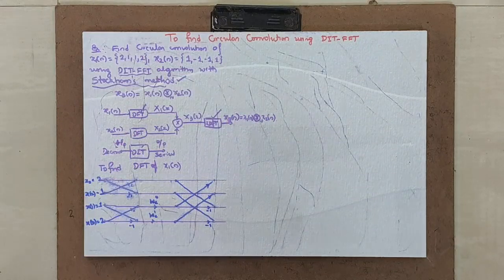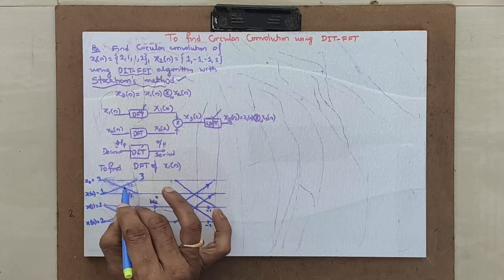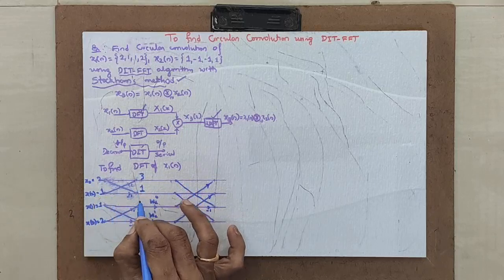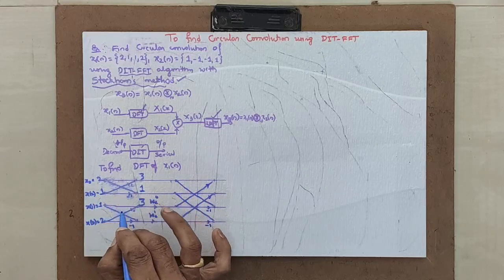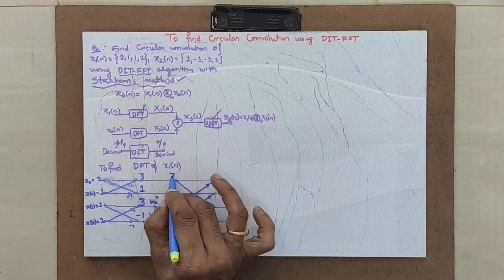Now 2, 1, 1, 2 is your series. Then what do you do? 2 plus 1, 3. 2 minus 1, 1. Then 2 plus 1, 3. 1 minus 2, that is -1.